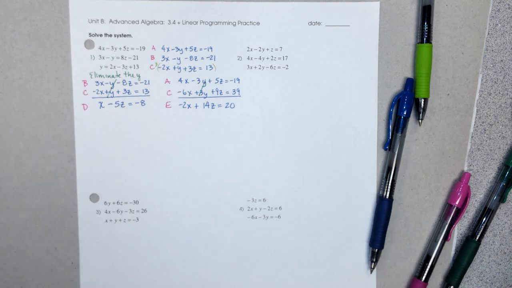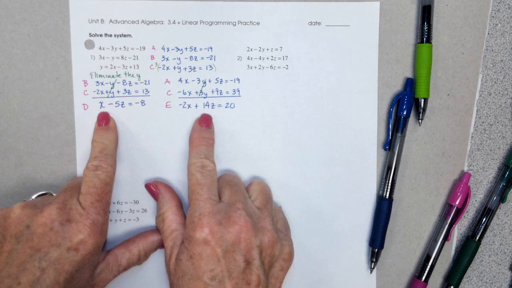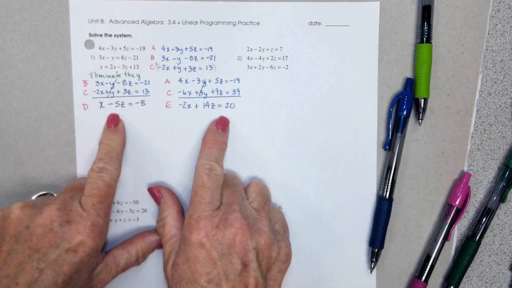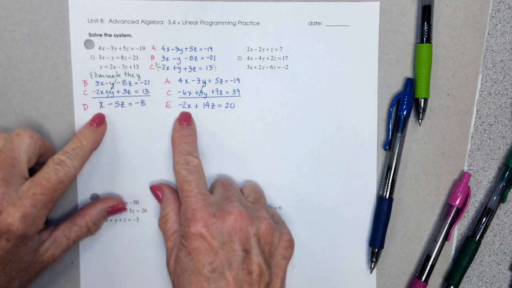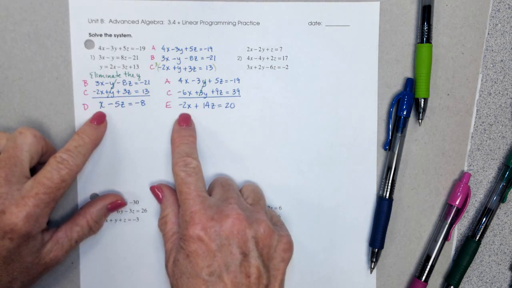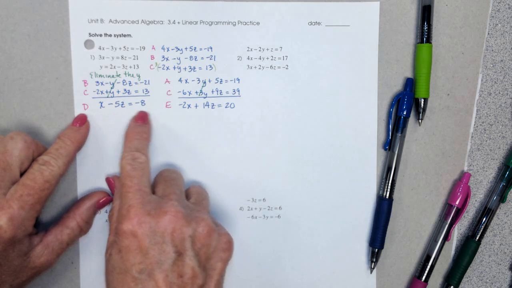All right, now look at these 2 equations. These are 2 equations with x's and z's, and let's try to eliminate one of those. I think it would be easiest to eliminate the x because we could multiply equation D by a 2.